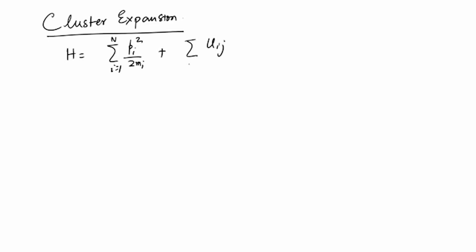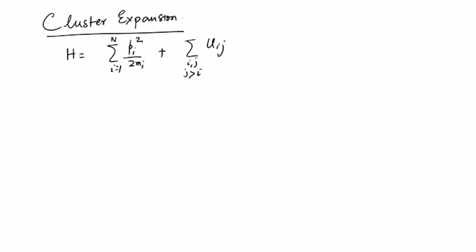So, cluster expansion. Let us see what they are. Once again we have a Hamiltonian which is the sum over i equal to 1 to N of p_i squared over 2m, plus you have a u_ij, and you can have j greater than i.